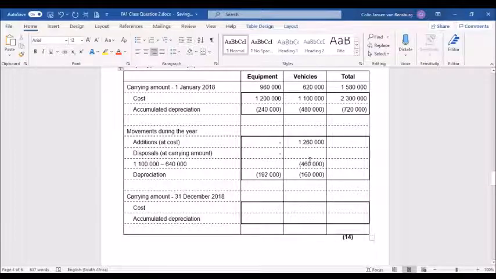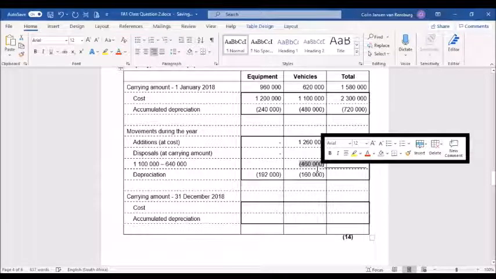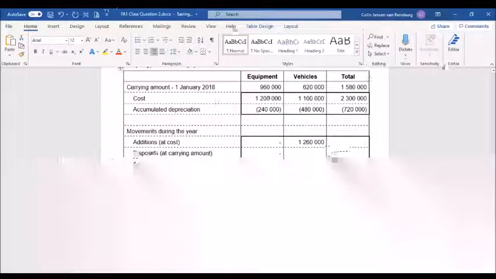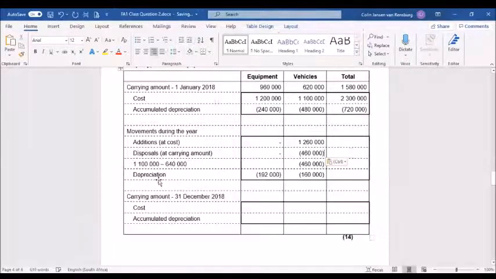In the case of the vehicles, there was an addition. There were disposals. That line there is just for our own purposes to show our little calculation, so we don't need to put any dashes there, only where there is no item that caused any change.